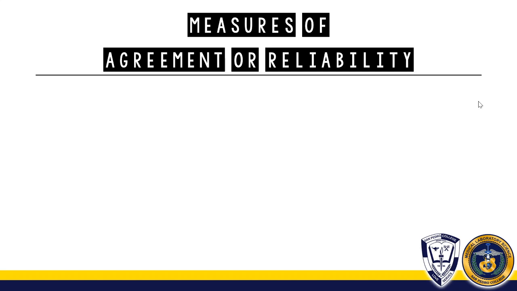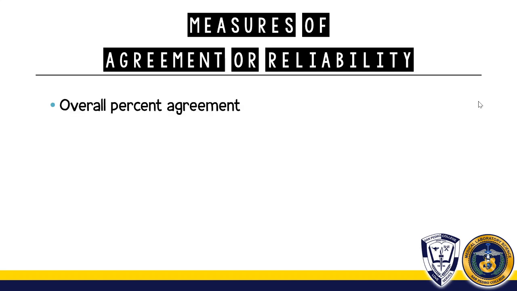So being consistent does not mean it is valid. Another thing, these measures of agreement or reliability refer to controlling the variability in terms of inter-observer and intra-observer. Here we should see how reliable they are, or how large the percentage of their agreement with each other is.